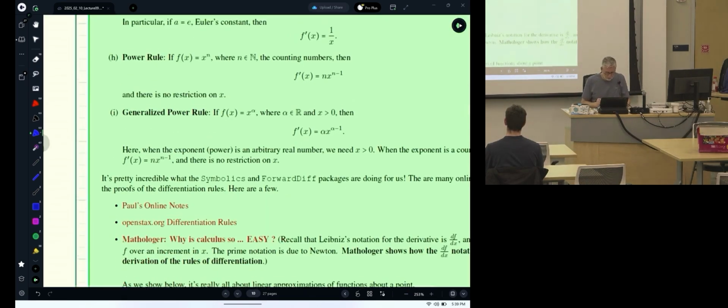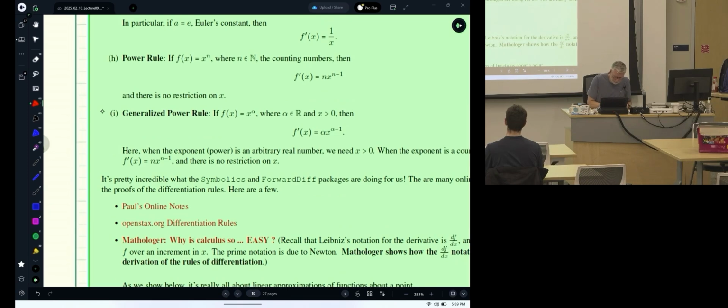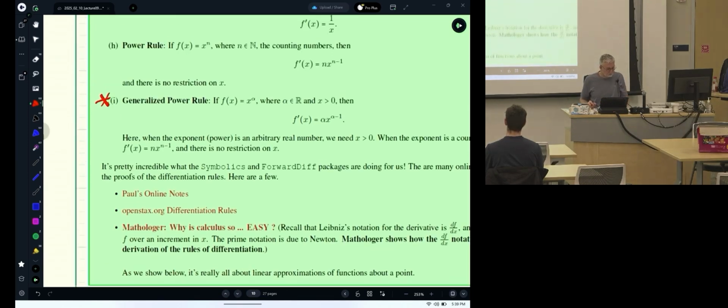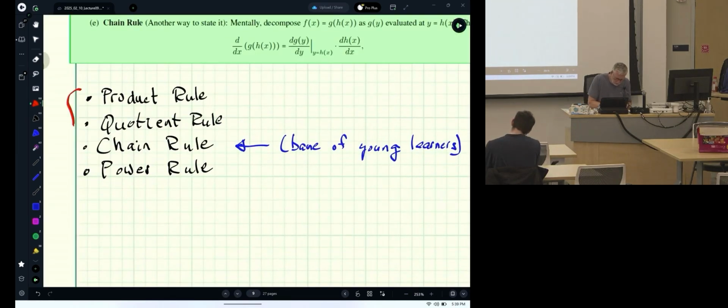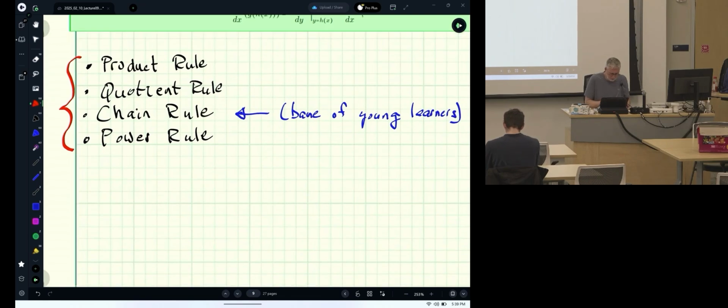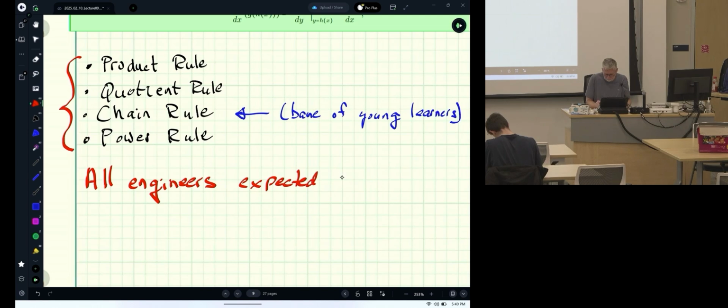So here's the generalized power rule, and we'll talk about that eventually. Okay, so these are the ones that all engineers are expected to be able to apply in their homeworks, in daily conversation with other engineers. All of the others are just kind of optional.